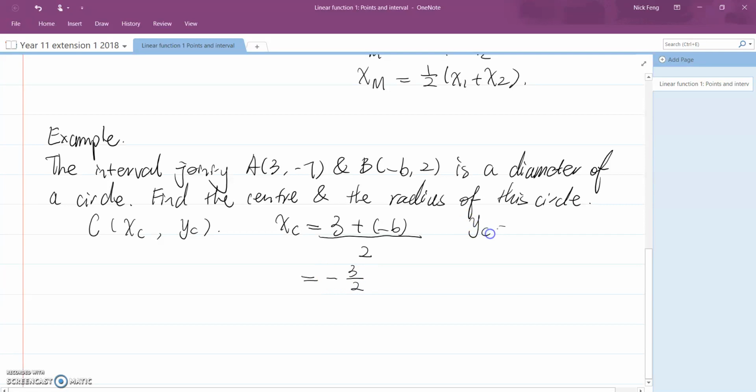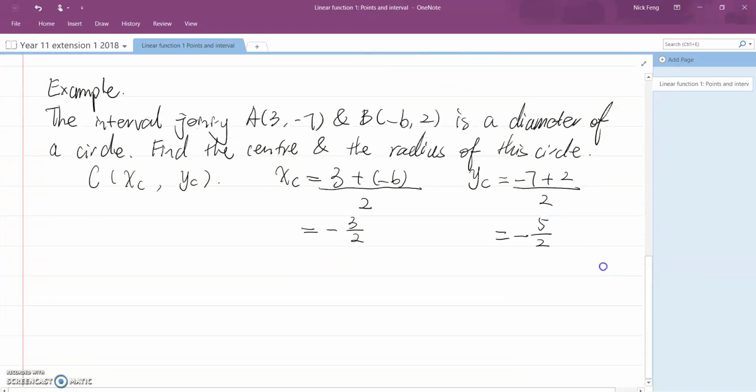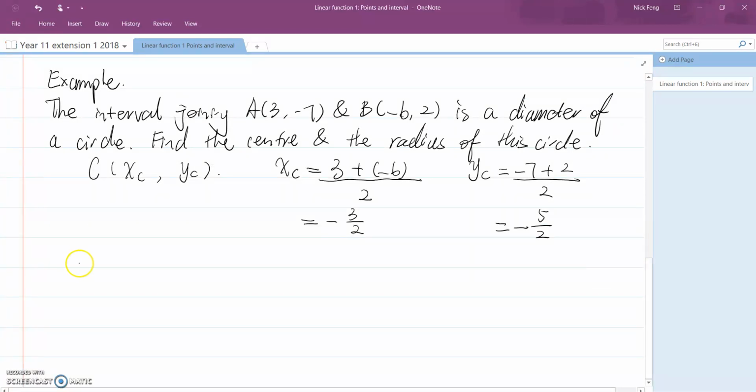And y coordinates of the midpoint, which is also the center, is just add up the two y coordinates and divide by 2, which is -5 on 2. Sorry about that. I should write it at the front. So again, this is the center. Therefore, the center is -3 on 2 and -5 on 2.